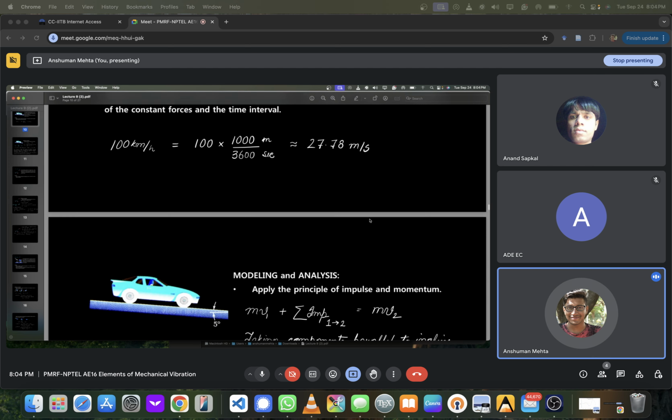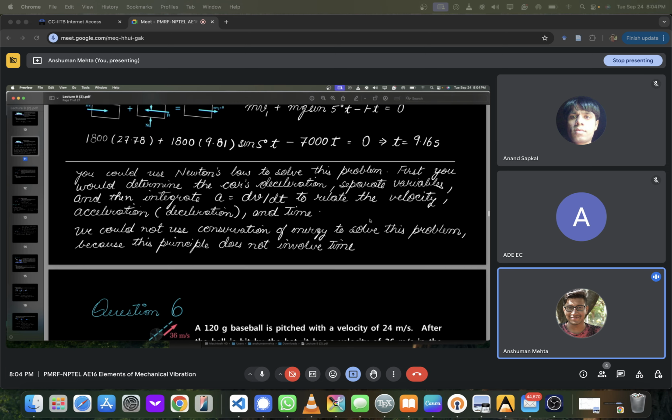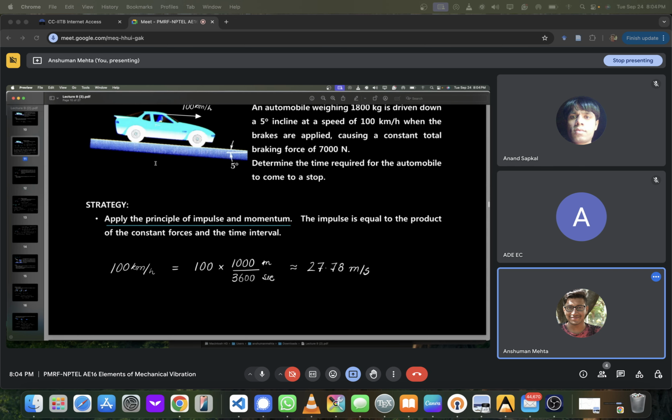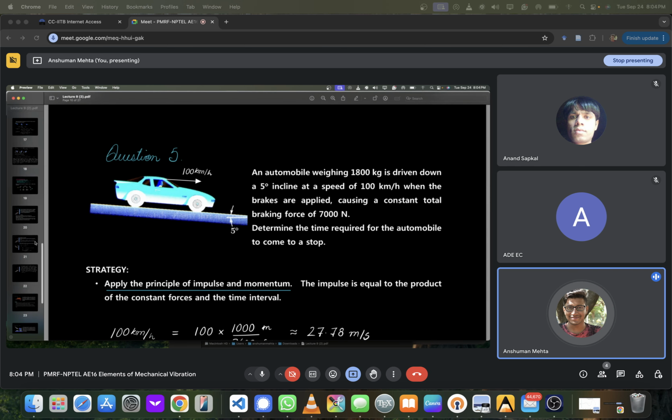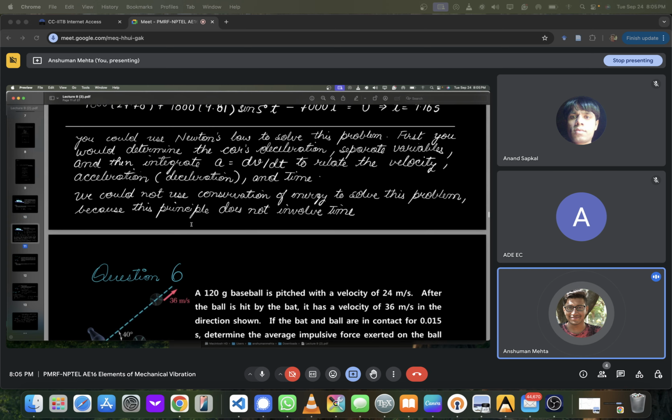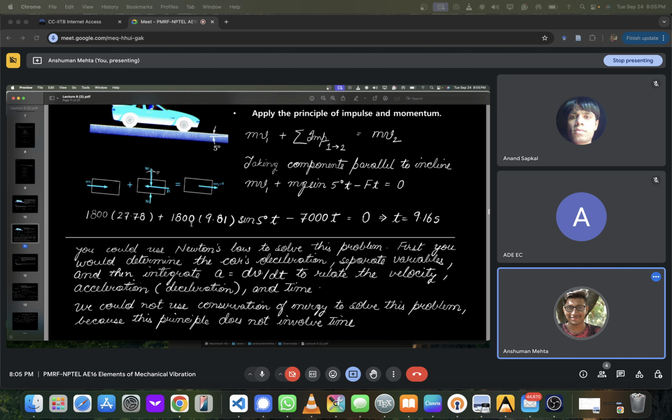Let's quickly change the units. 72 km per hour means 72 into 1000 meter for 1 kilometer, 1 hour by 3600 seconds. So this will be 20 meter per second.